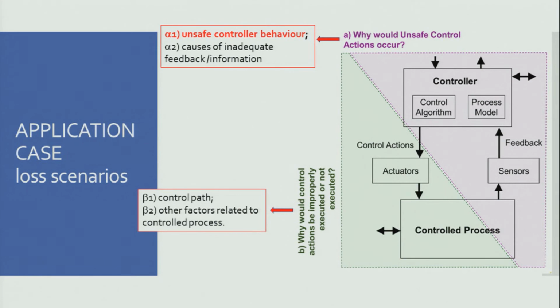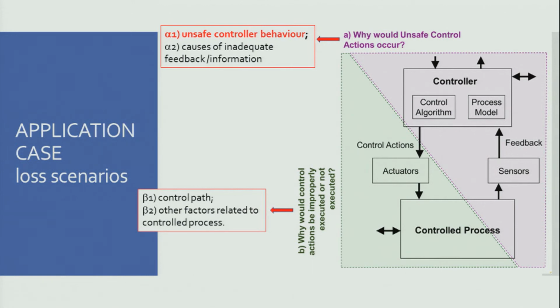So when you want to understand why the unsafe control action occurs, you are focusing on the controller and the feedback that the controllers receive. And when you are asking why the control action is improperly executed or not executed, you are focusing more on the actuators or on the object of control.